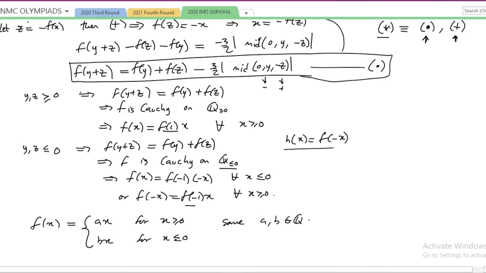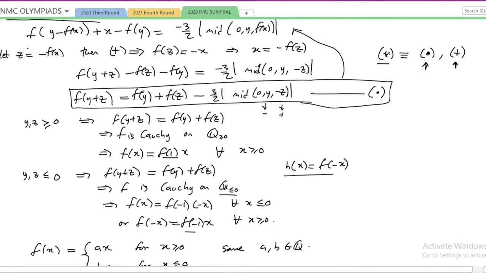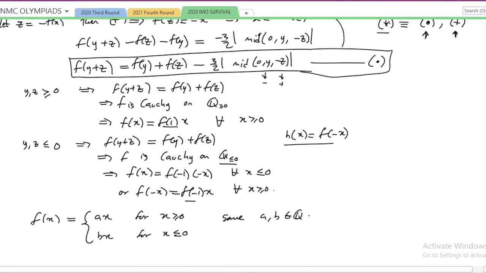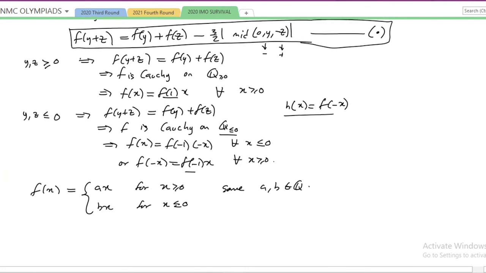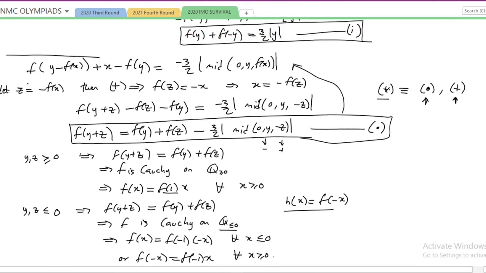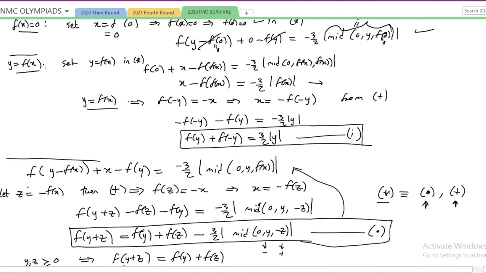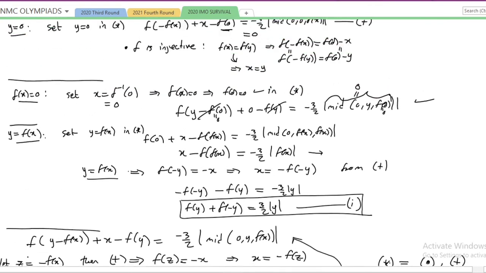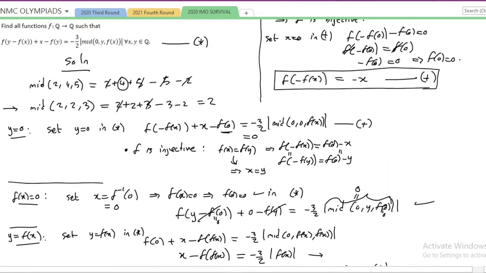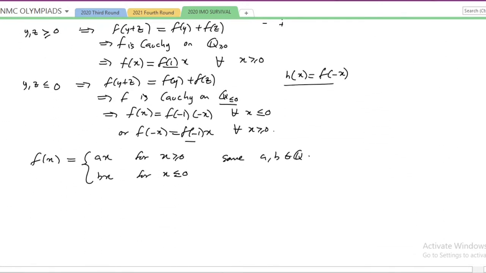Okay, so now we have this form. So we're going to try to see if we can deduce what a and b must be, or what they have to satisfy. So we have two major options, dot and plus. Okay, so let's look at plus first.